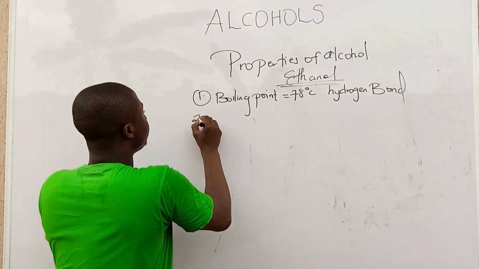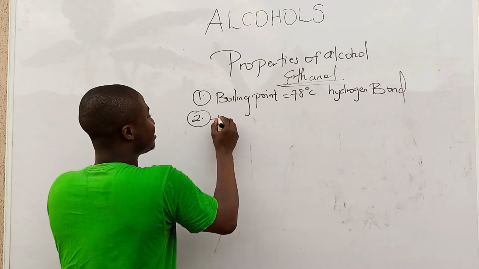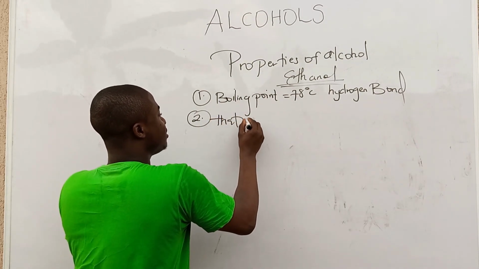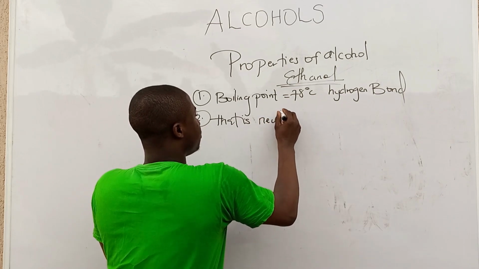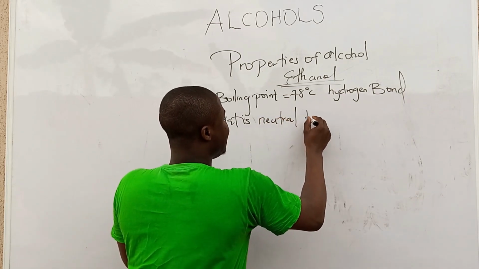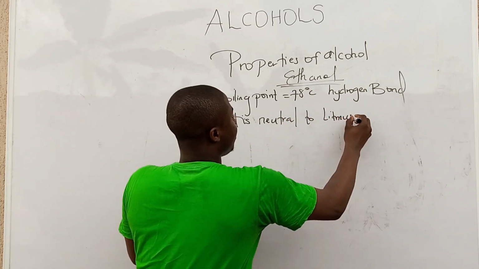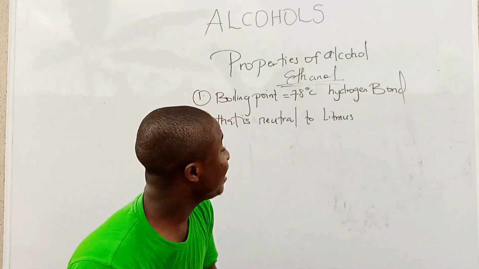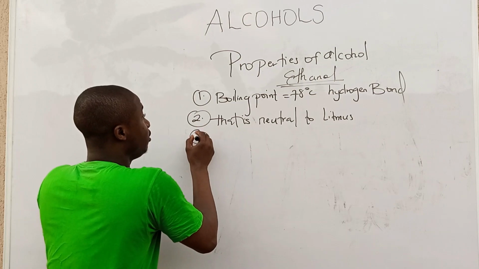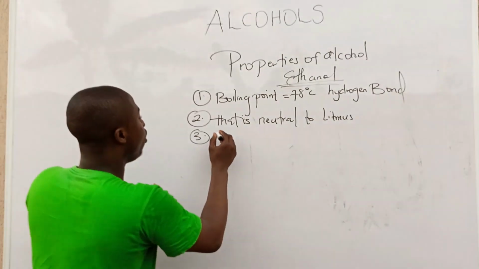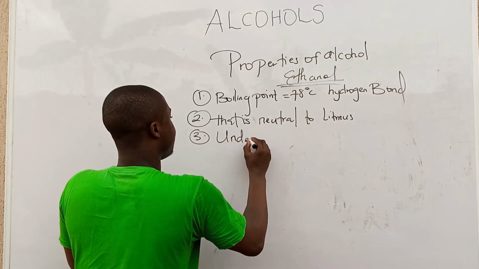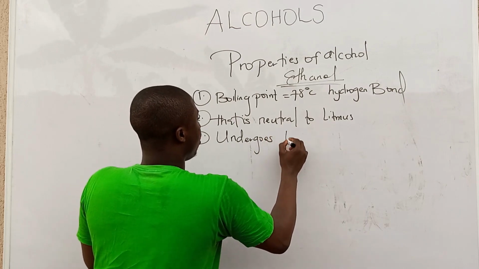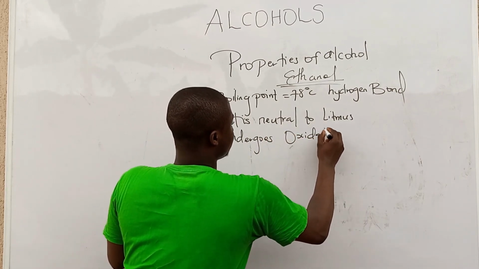Meanwhile, ethanol is a compound that is neutral to litmus. Ethanol also undergoes oxidation reaction.